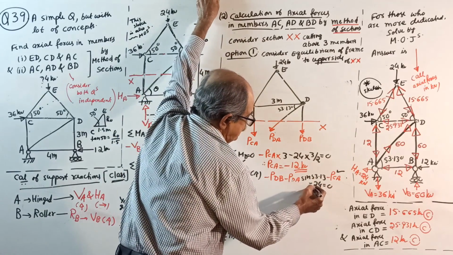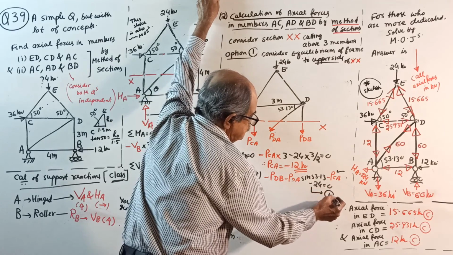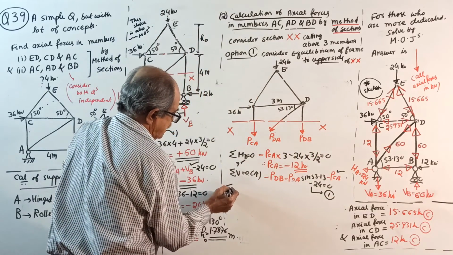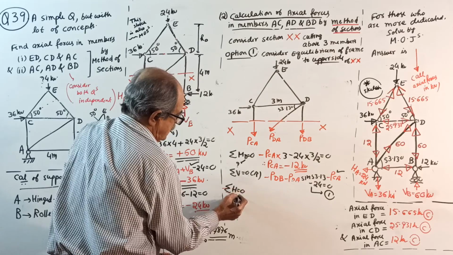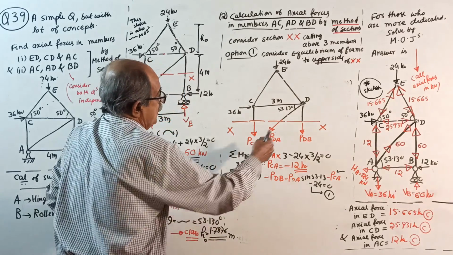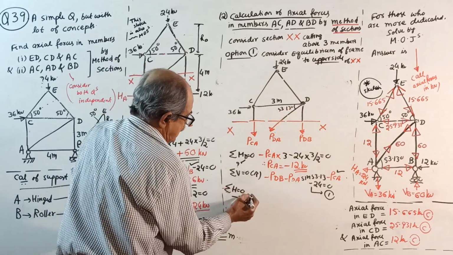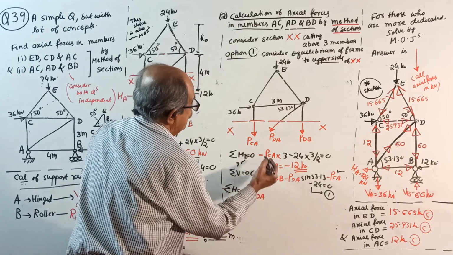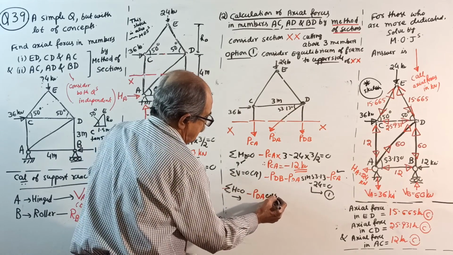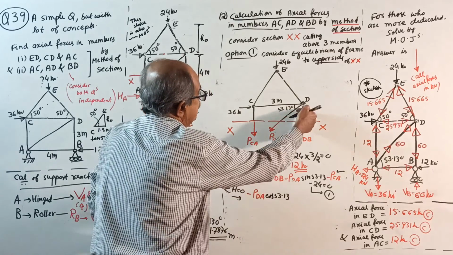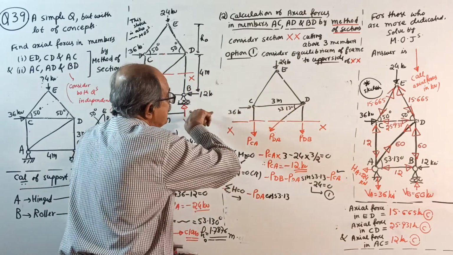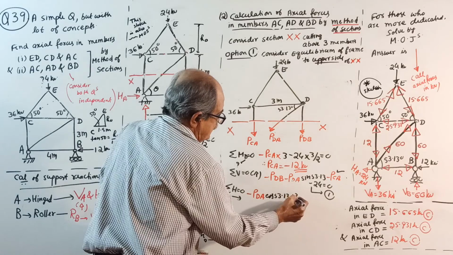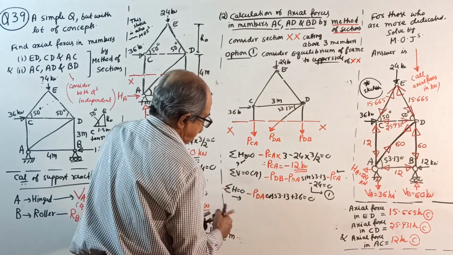So call this equation number 1. Leave it. Sigma H equal to 0, right side positive. Minus PDA, unknown first, PDA cos 53.13 plus 36 equal to 0.